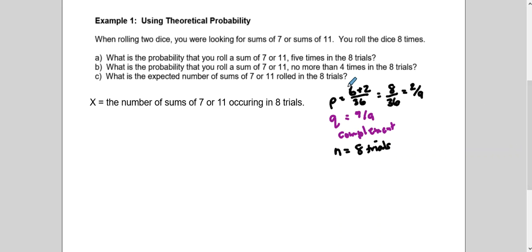So it really depends on what you see in the question that helps you figure out what the little x is going to be, what successes we're looking at. So this should be written down every single time as a visual.